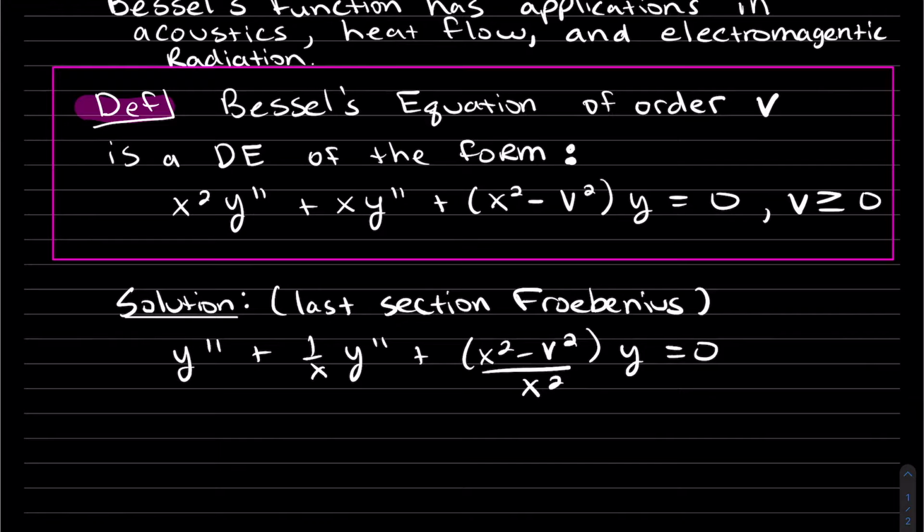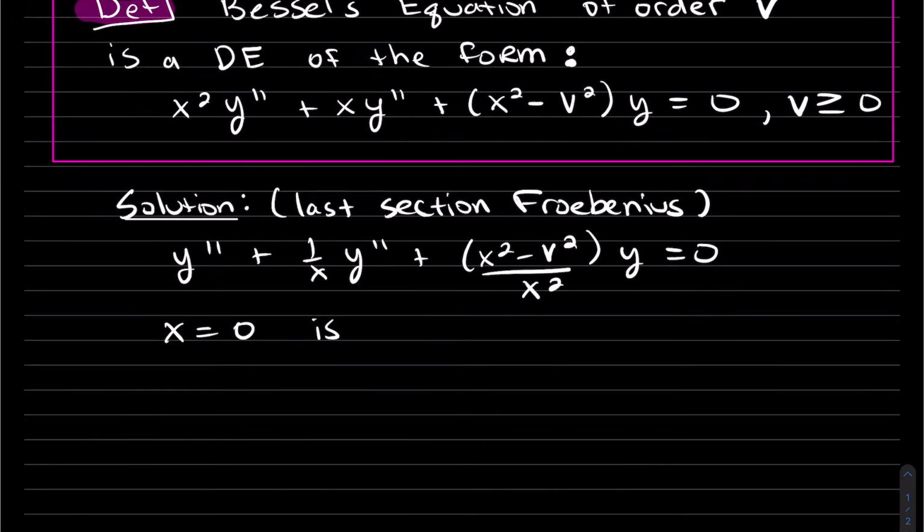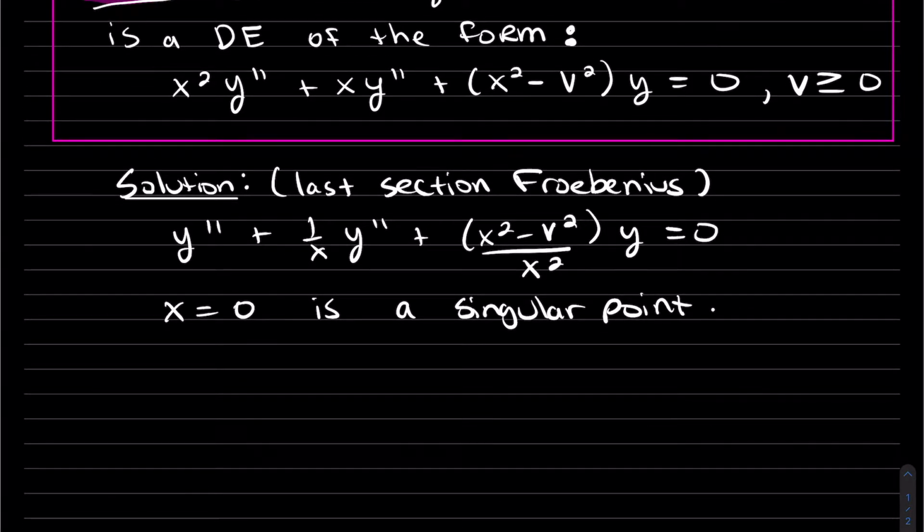And so when we clear our leading coefficient, we can see that x equals 0 is a singular point. And we need it to be regular, so let's double check that. Our p of x is going to be x times our big P of x, which in this case is just 1 over x.